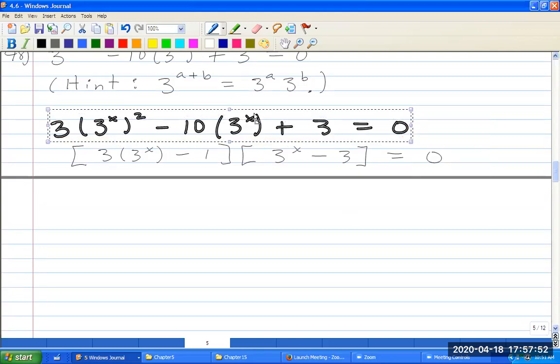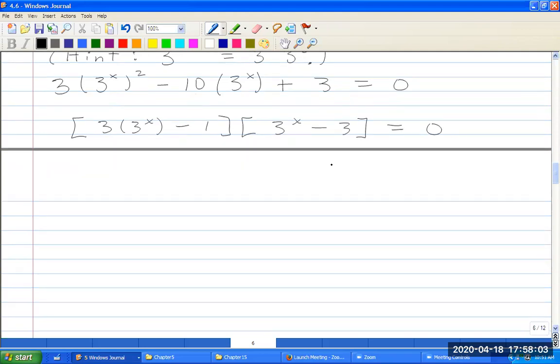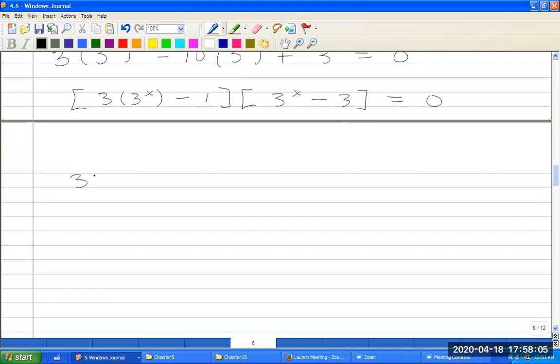So I can use the zero factor property and set each factor equal to 0. So 3 times 3 to the x minus 1 equals 0, and 3 to the x minus 3 equals 0.